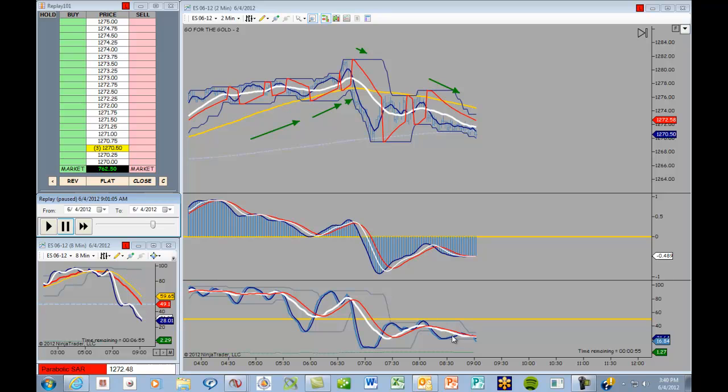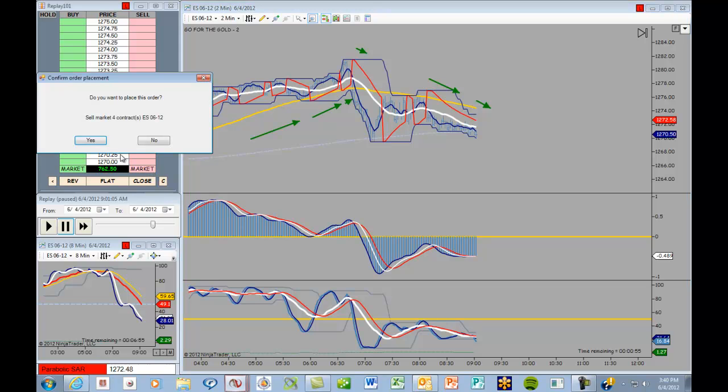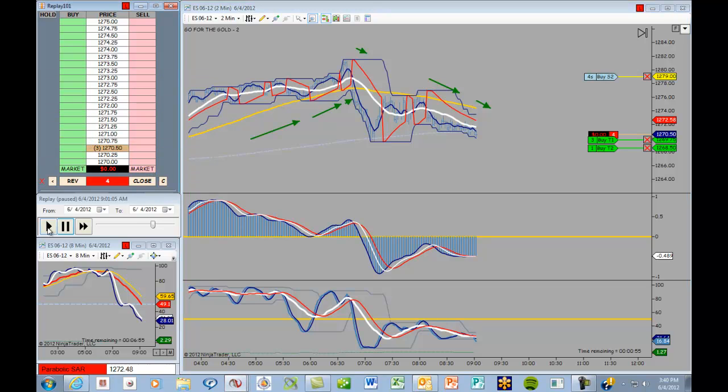Look at the stoke. Faster came above the slower and is now back down underneath it. That's a strong indication that this thing wants to drop a little further. Plus, we're breaking past the support zone of the long-term moving average. So let's get short.